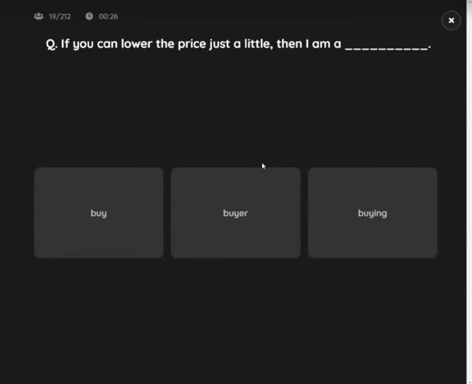If you can lower the price just a little, then I am a buyer, buying. What do you need here based on the context? Three, two, one, and zero.